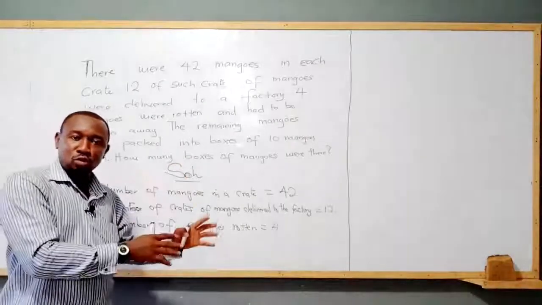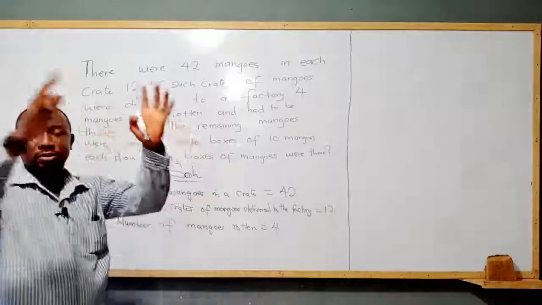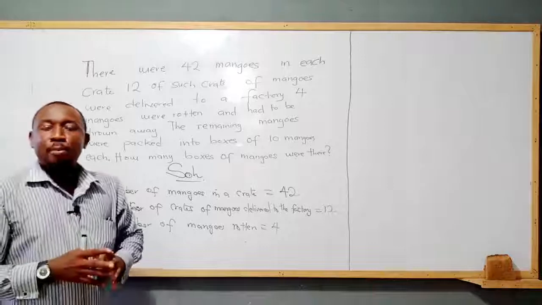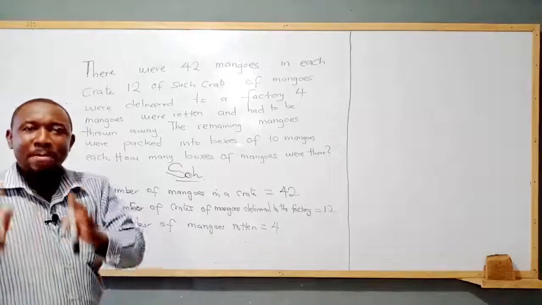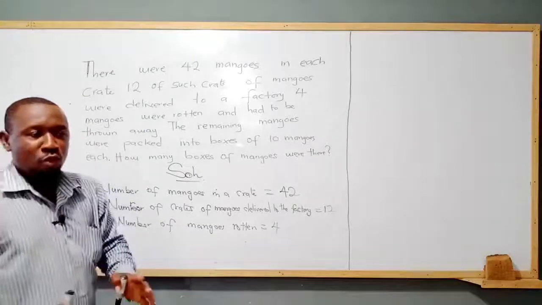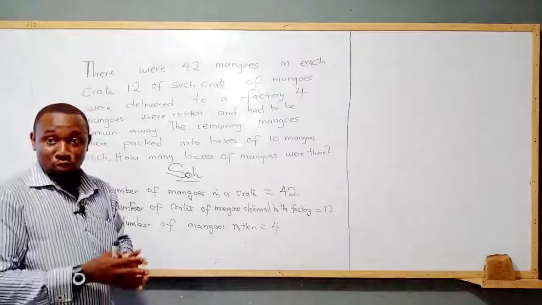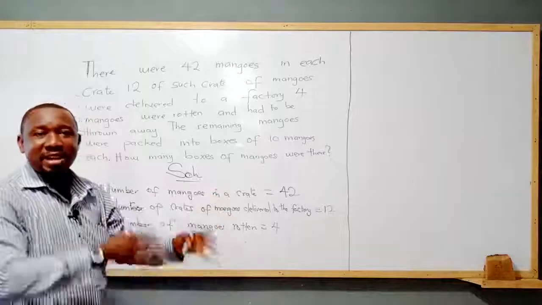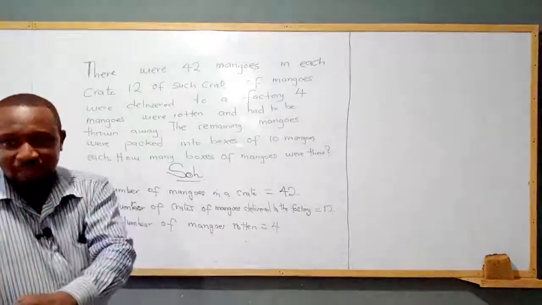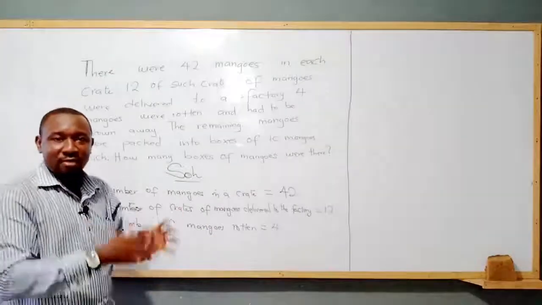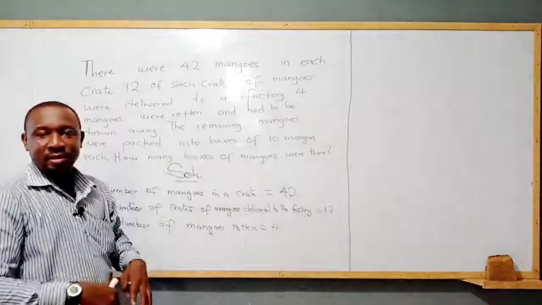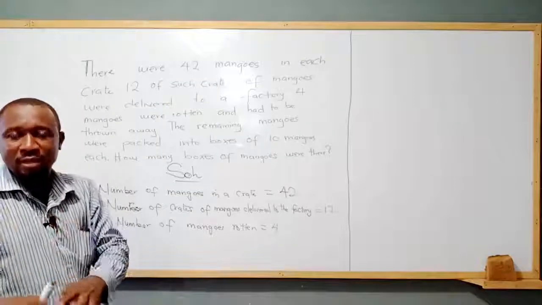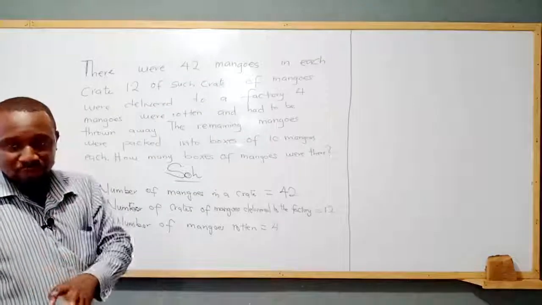When the mangoes were delivered to the factory, boxes were made available to contain the mangoes, not crates, but they delivered the mangoes in crates, but boxes were made available to contain the 12 crates of mangoes that were delivered to the factory.